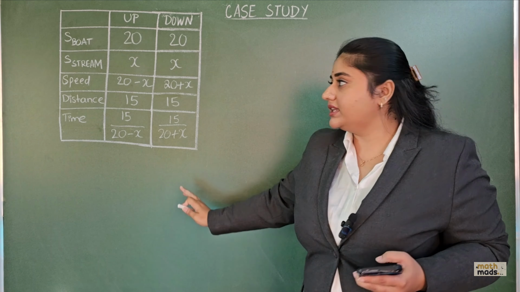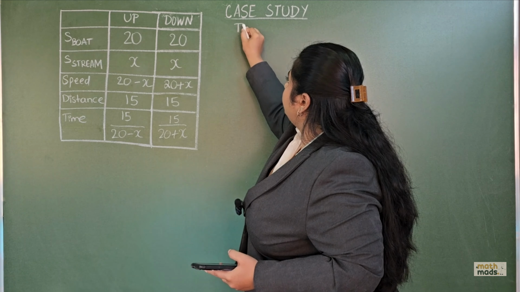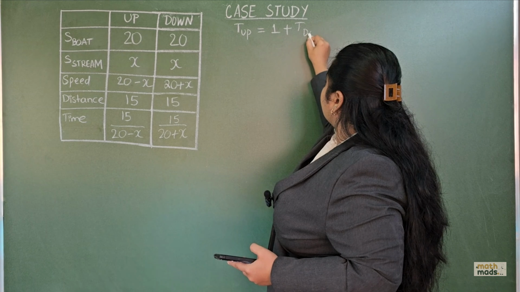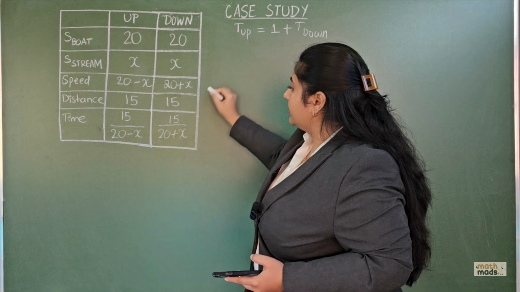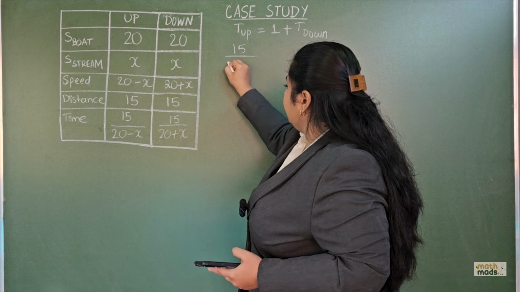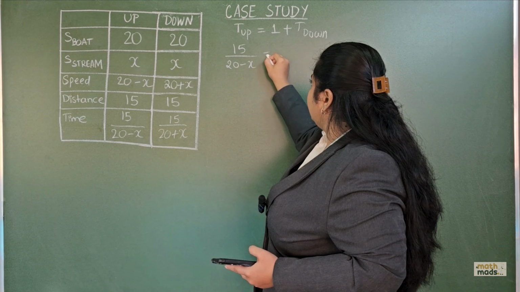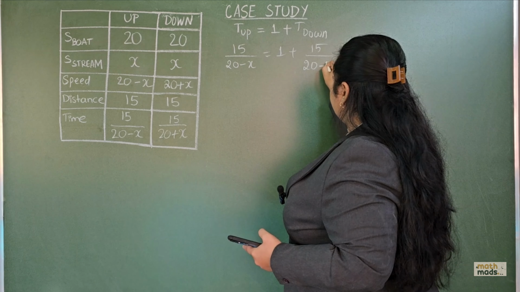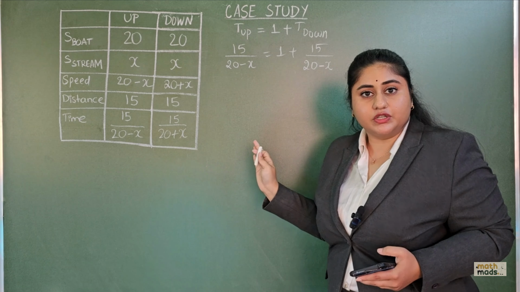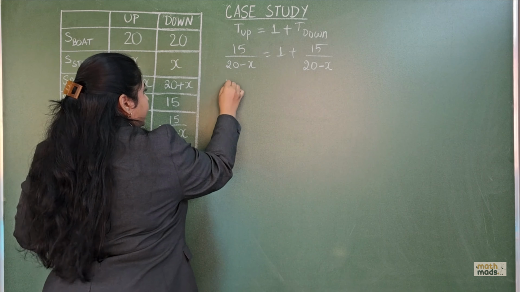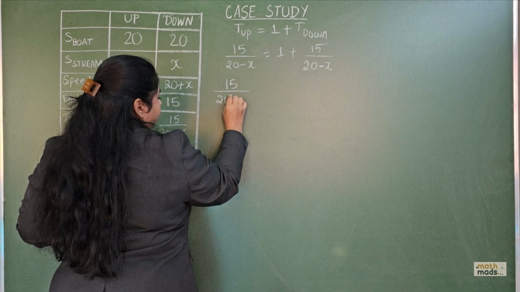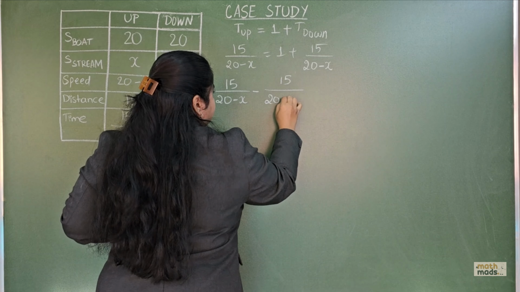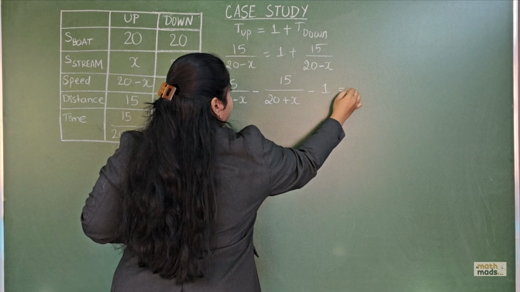Now they have given the relation that time upstream is equal to 1 hour plus time taken for downstream. So now you just substitute: 15 by 20 minus x is equal to 1 plus 15 by 20 plus x. Just like our previous problem, let me shift everything to the left hand side to obtain the quadratic equation. 15 by 20 minus x, minus 15 by 20 plus x, minus 1 is equal to 0.